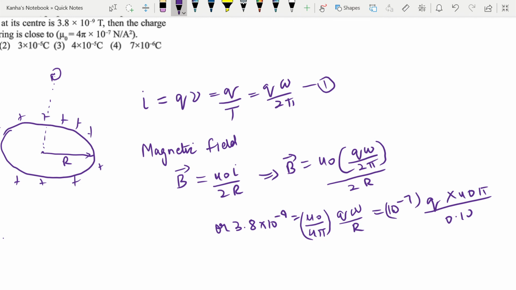Using this, you can easily see that q is nothing but 3 times 10 to the power minus 5 coulomb, which is the second option.